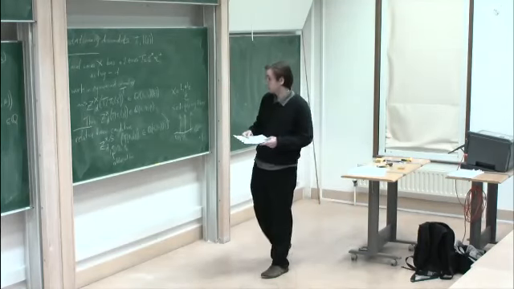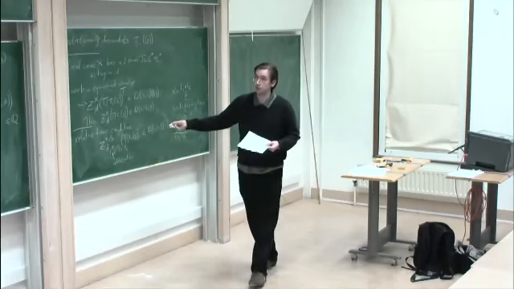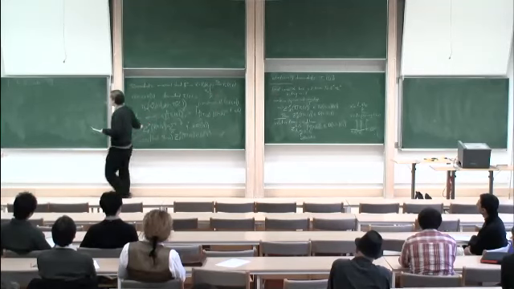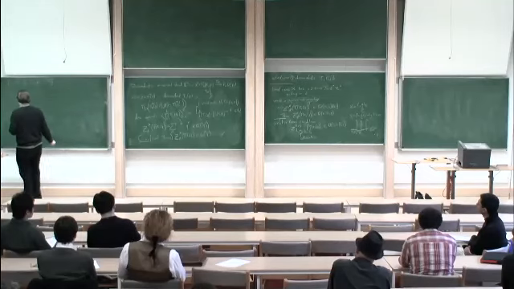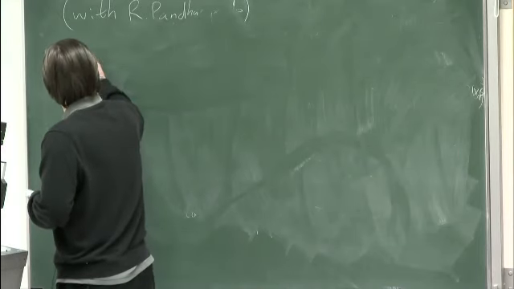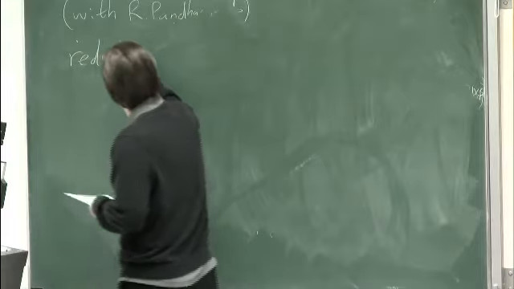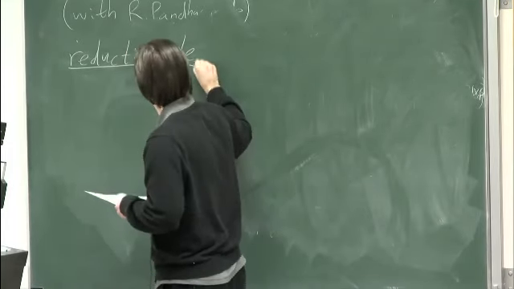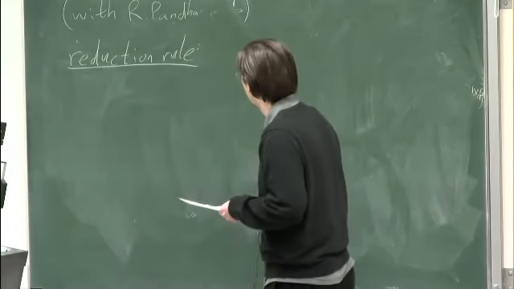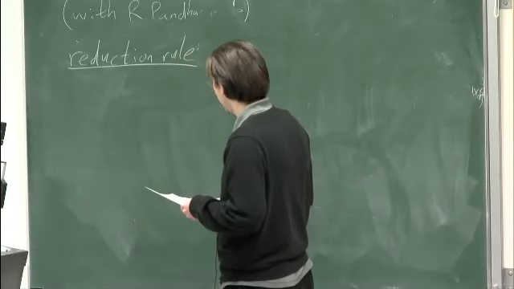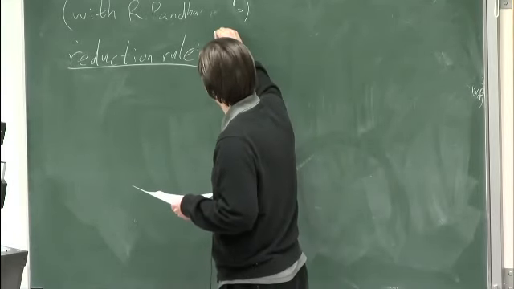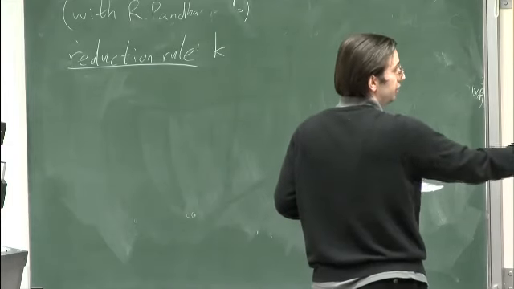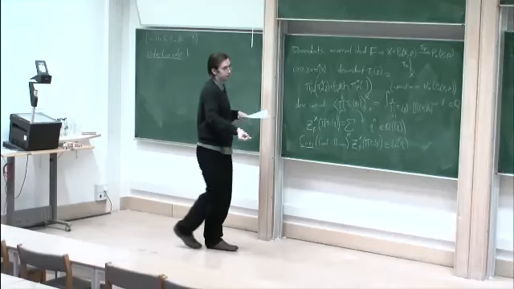So there are two pieces. One is some degeneration arguments. The other one is a general reduction rule for descendants of high degree, which I'm going to mention. So the way this is going to work is d here is fixed in everything I'm saying.